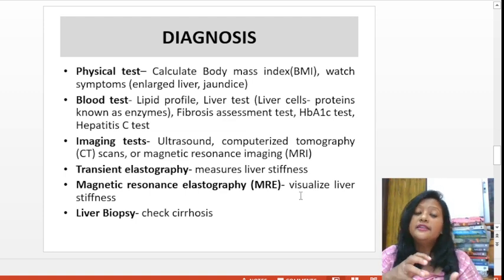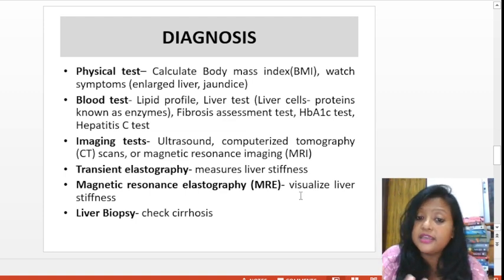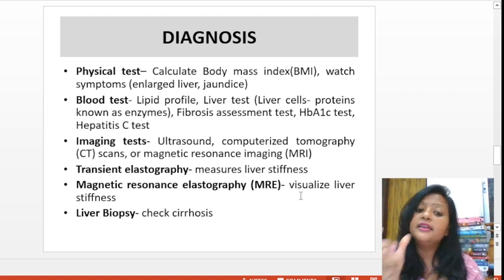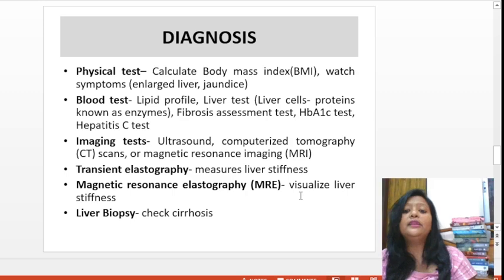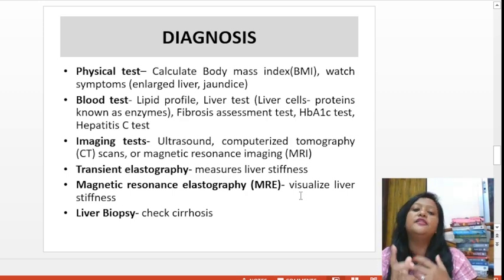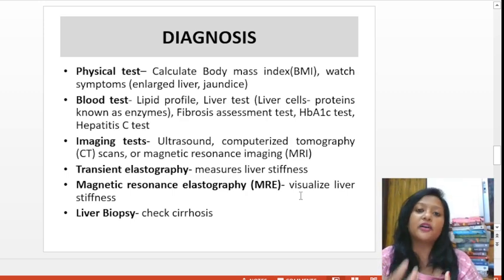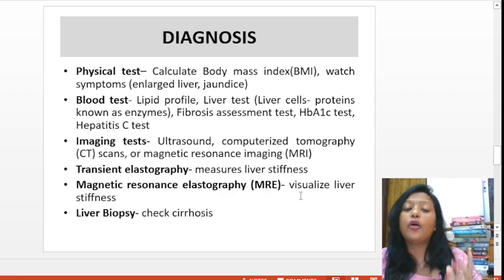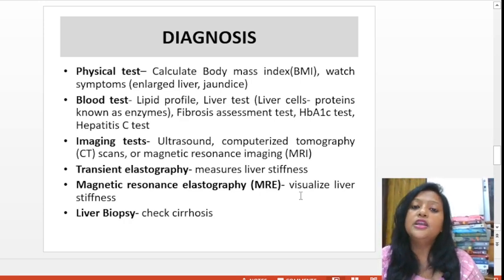That will help in knowing if your liver is able to perform its functions or not, and if not, how much stiffness is being caused. Also, the last one is liver biopsy. This is done in extreme cases to check if your liver is damaged or not, if you are suffering from liver cirrhosis or not.